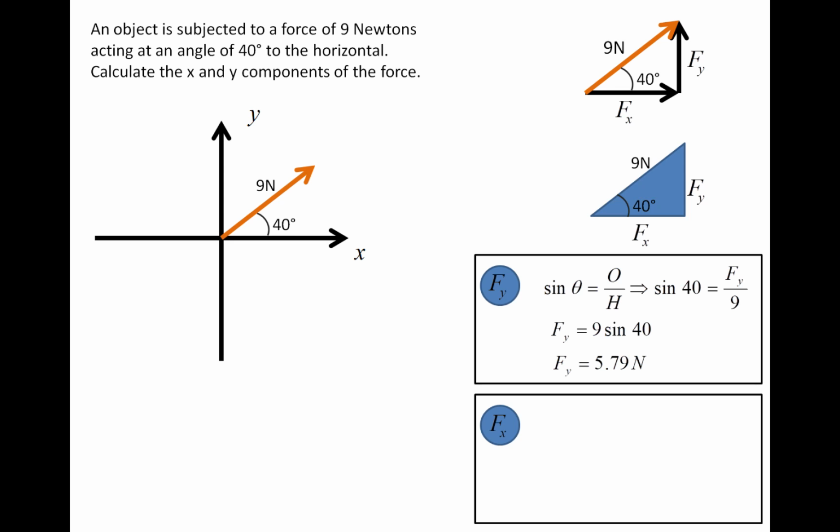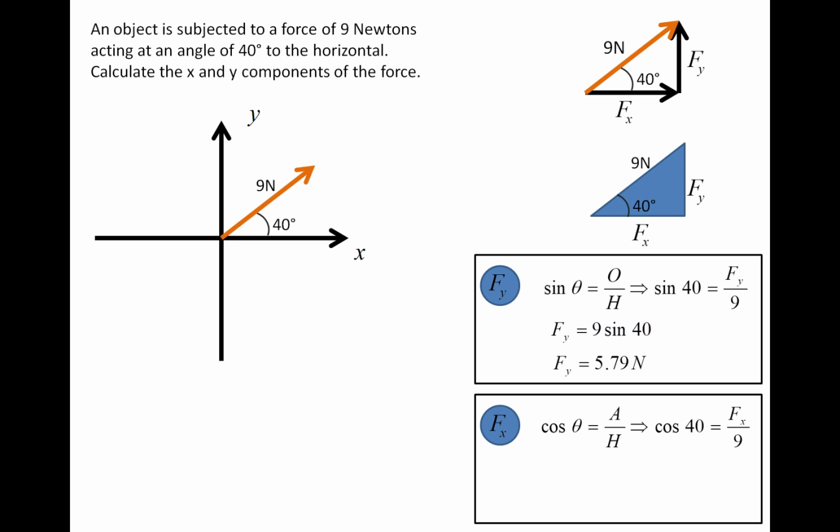Next, if we want to find out Fx, using SOHCAHTOA again, since Fx is the adjacent line in this triangle, it is adjacent to the 40 degrees. Meanwhile, we still have 9 newtons as the hypotenuse. So with the adjacent and the hypotenuse, we're going to be using cos.